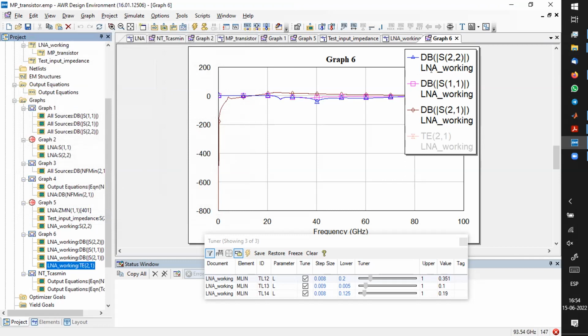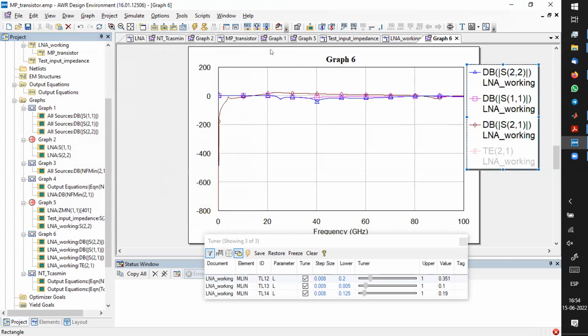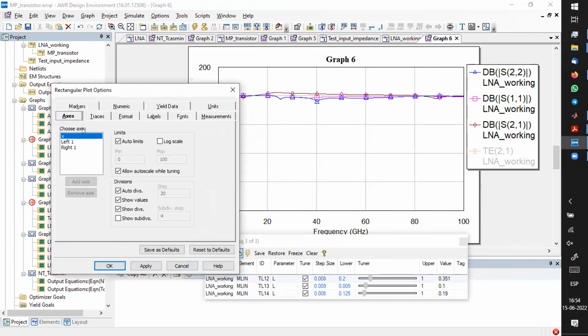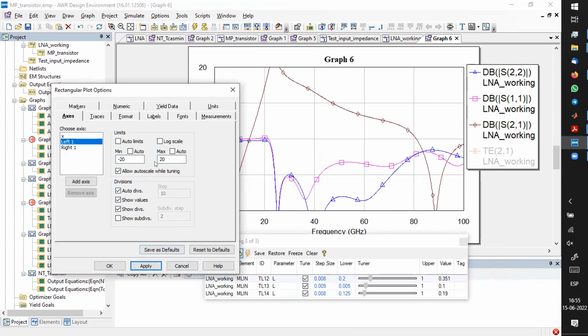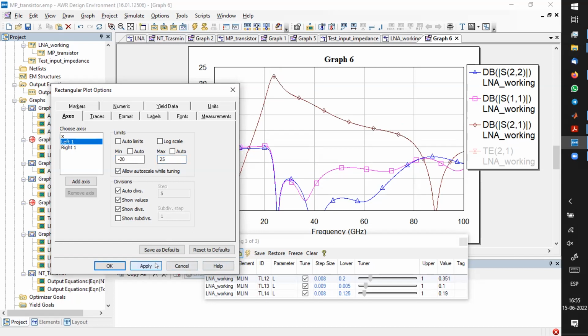Then you need to rescale it. -20 to 20, -20 to 20 maybe. -20 to 0. Okay.